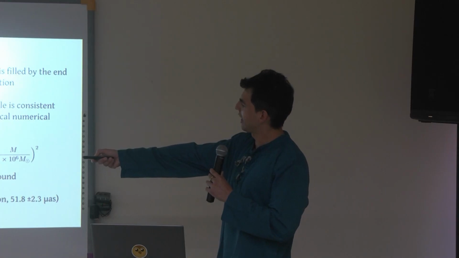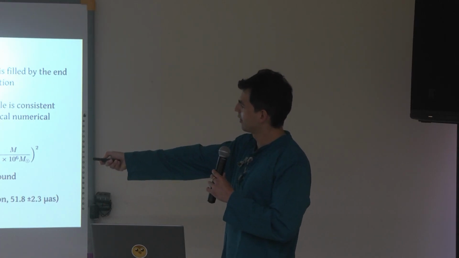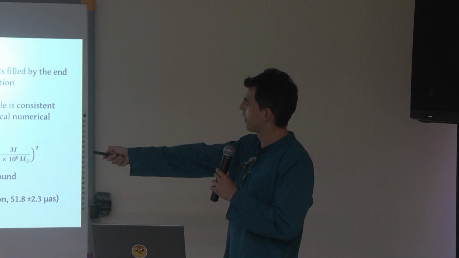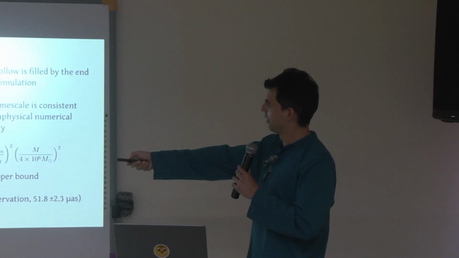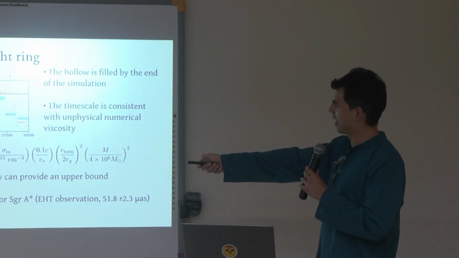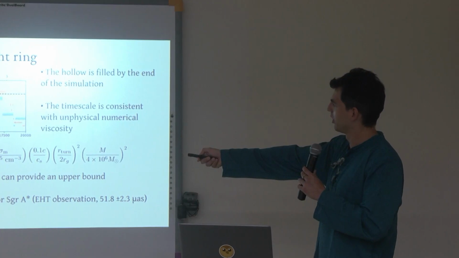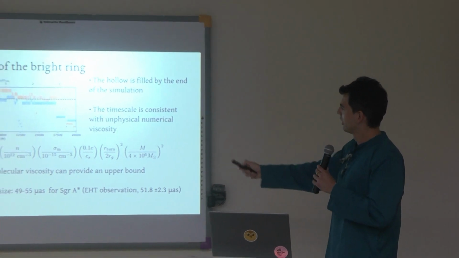This plot shows time on the horizontal axis, and it shows the location of the maximum of density in yellow, and the location of the maximum of synchrotron radiation emissivity in blue.